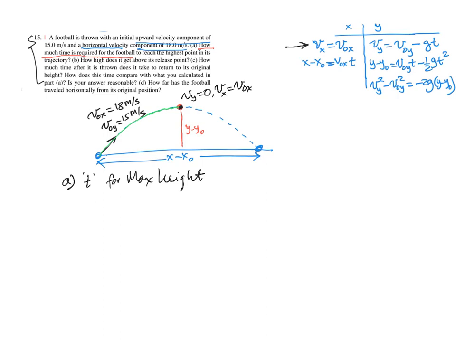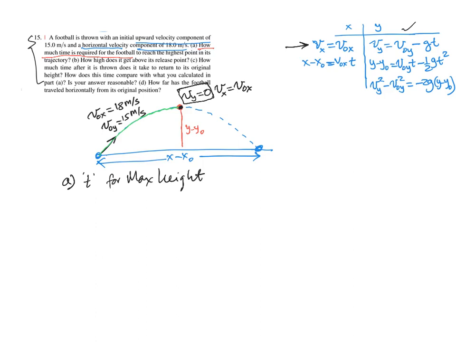So Vx does not change because there is no acceleration, but Vy is 0 at the maximum height. So let's use this information, Vy equal to 0, and try to extract time from one of these y equations.